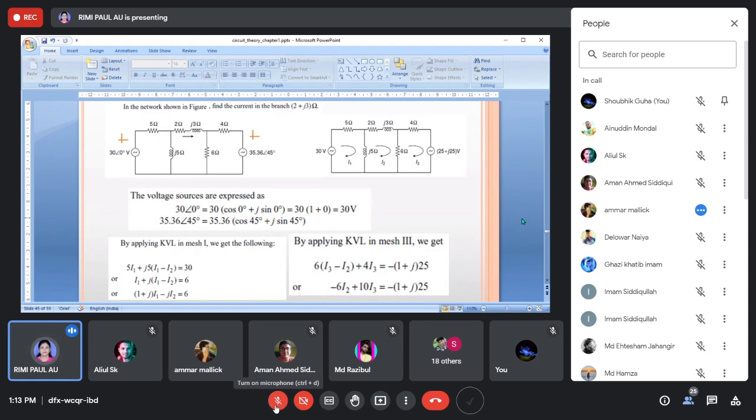Just tell me the name of the component. I think just 6I, ma'am. So first you have to understand the question. I am not asking you the equation. I am just asking you the component you are seeing through which I3 is flowing. Just tell me the name of these resistances, these sources.